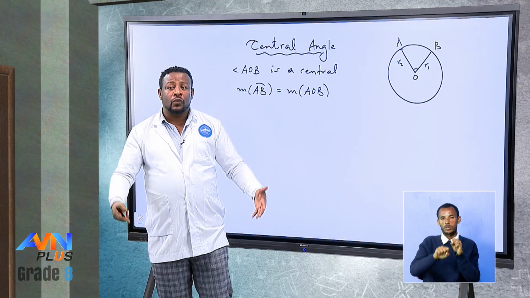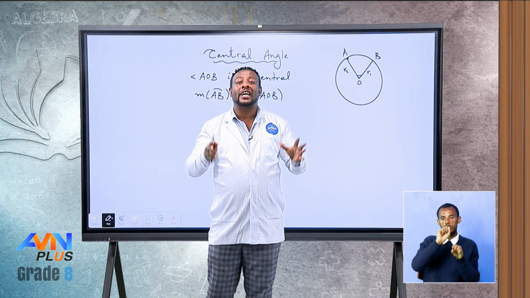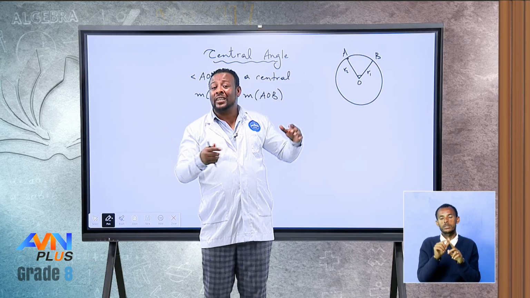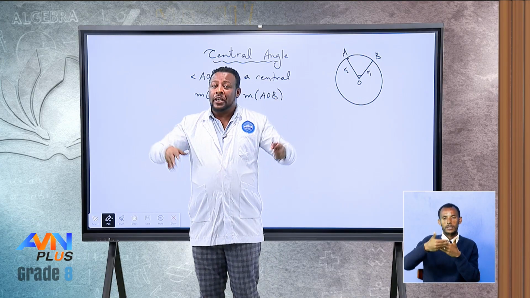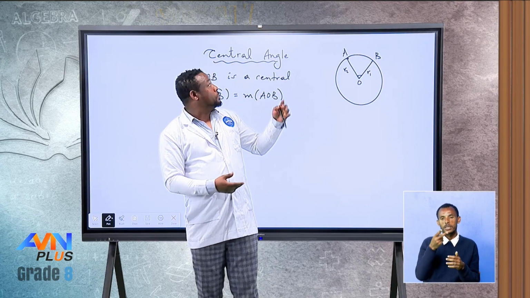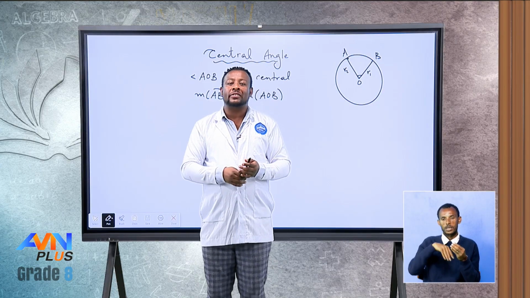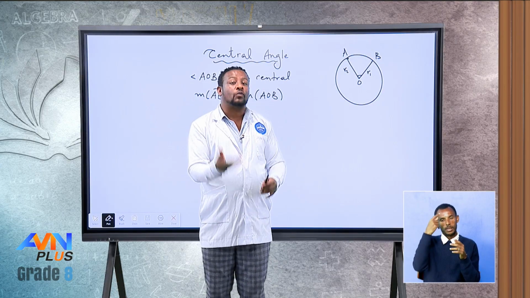So this is all for today. Today we have seen so many terminologies which are very important for our next discussion. So in our next discussion, we will see problems about central angle. We will also see some other theorems and their proofs, okay?